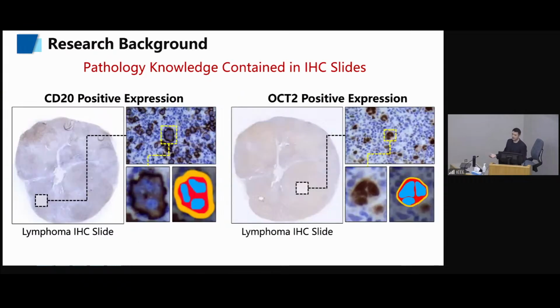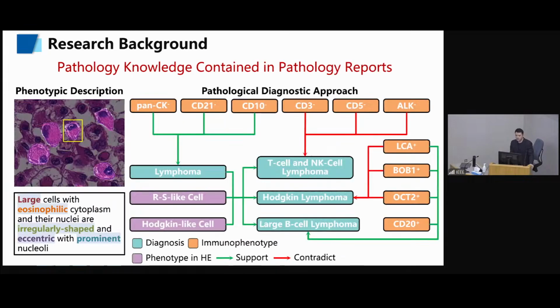In IHC slides, the focus is on immunophenotypes, which reveal the protein-level characteristics of diseased tissues or cells. In pathology reports, the knowledge is about the diagnostic expertise of pathologists, such as their analysis of phenotypic characteristics in the form of natural language description of the phenotypic morphology.